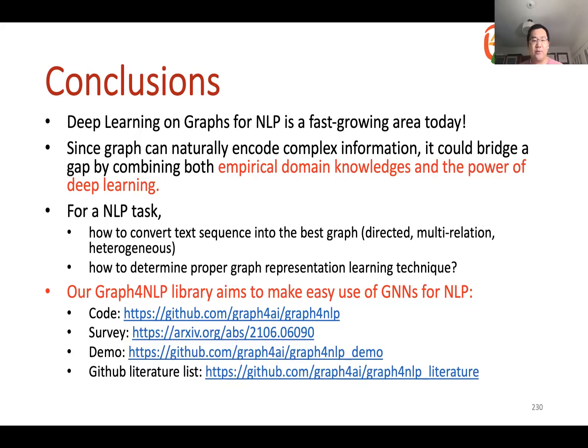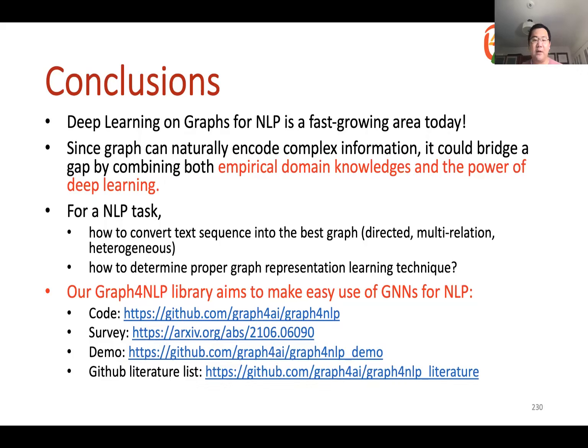Here we also present our Graph4NLP library, which makes easy use of graph neural nets for NLP. We have provided the code. We have also provided our survey paper. This survey paper is very long, about 127 pages.